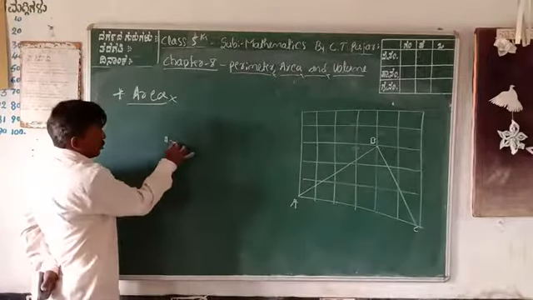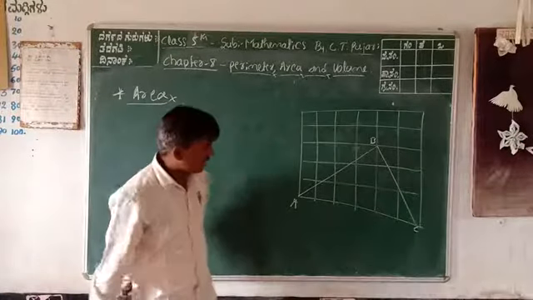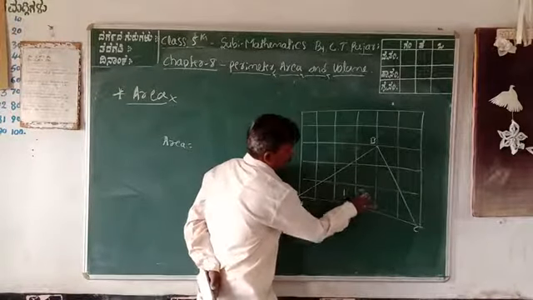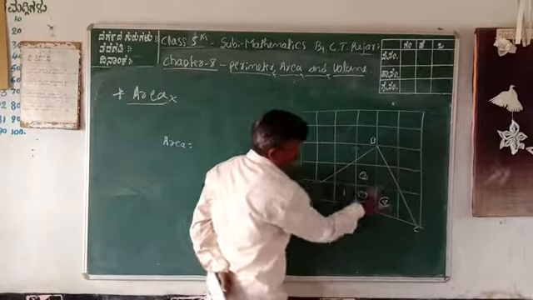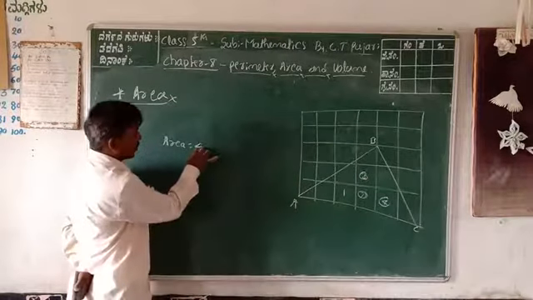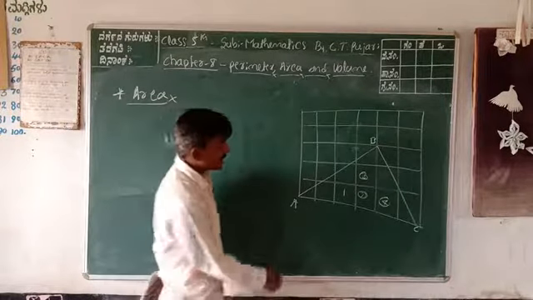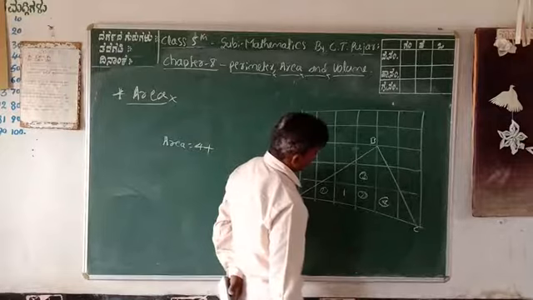Area is equal to how many complete squares are here? Complete squares: 1, 2, 3, 4. 4 is the number of complete squares, you can write 4 units. Next, more than half squares. More than half is 1.